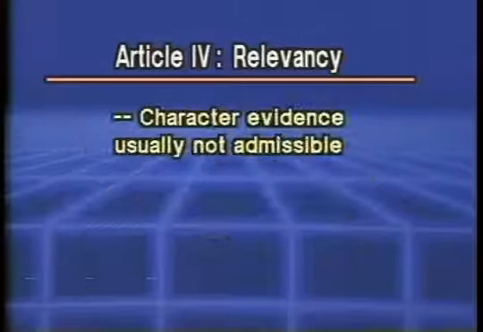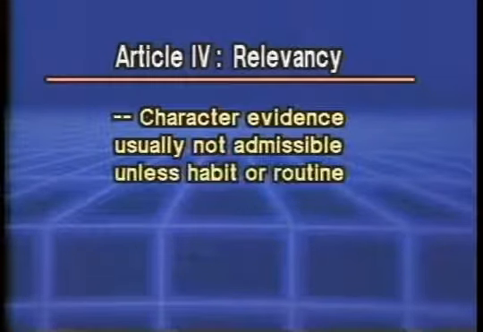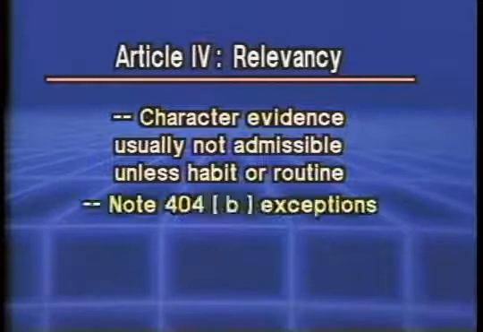Rule 404, as a general proposition, is saying character evidence is not admissible normally. Certainly the fact that a person did something one time is not admissible to prove he did it another time, unless, as 406 is saying, it becomes habit or routine. 404B, I commend to you to study a little bit.